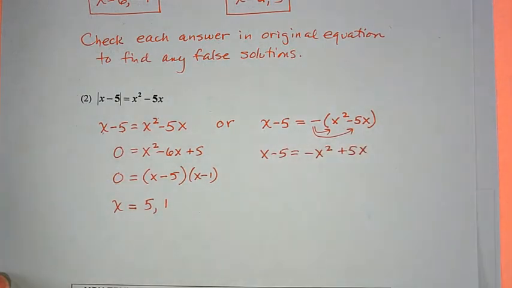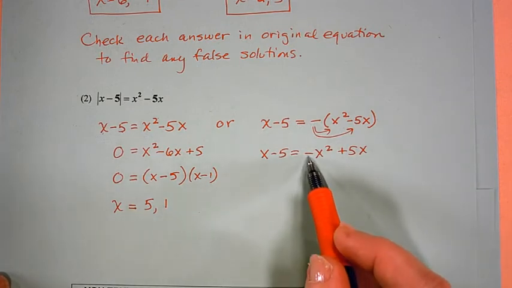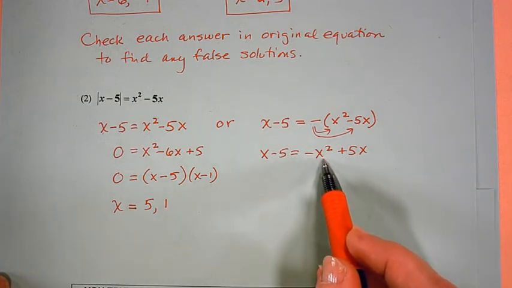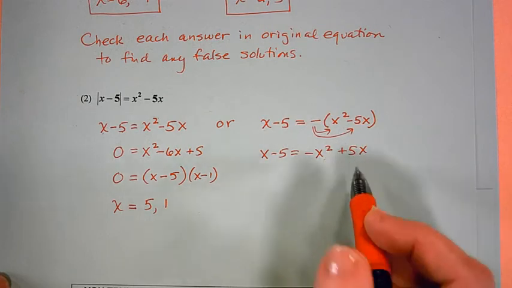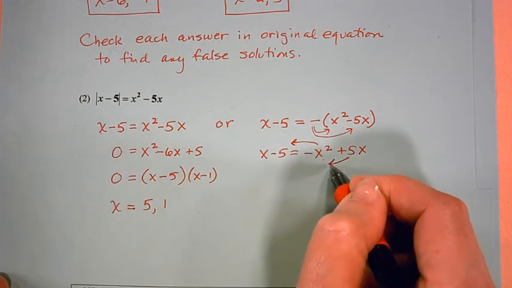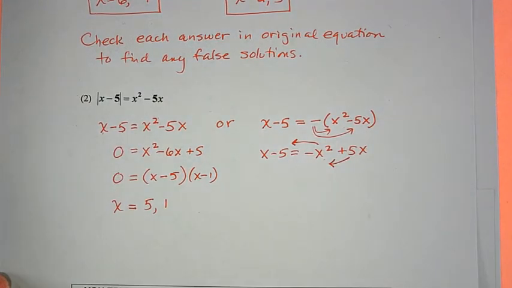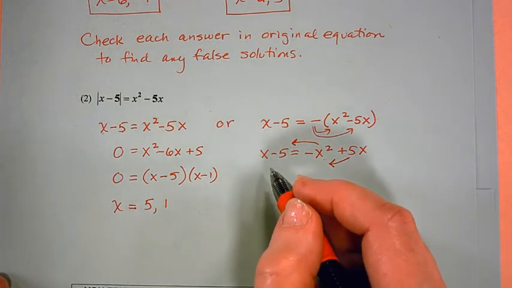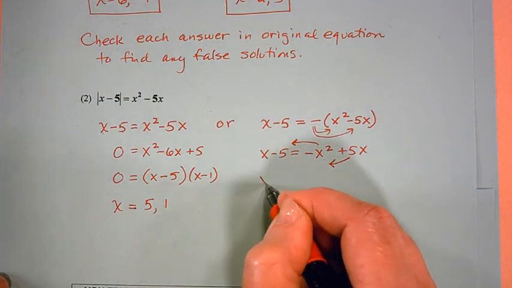And again, I have a quadratic. But this time my quadratic has a negative in front of the squared term. So in order to make it easy to factor, I'm going to actually have the squared term and the 5x move to the other side so that when I move the negative x squared, it will become positive. So I'm going to move them to the right to join x minus 5.